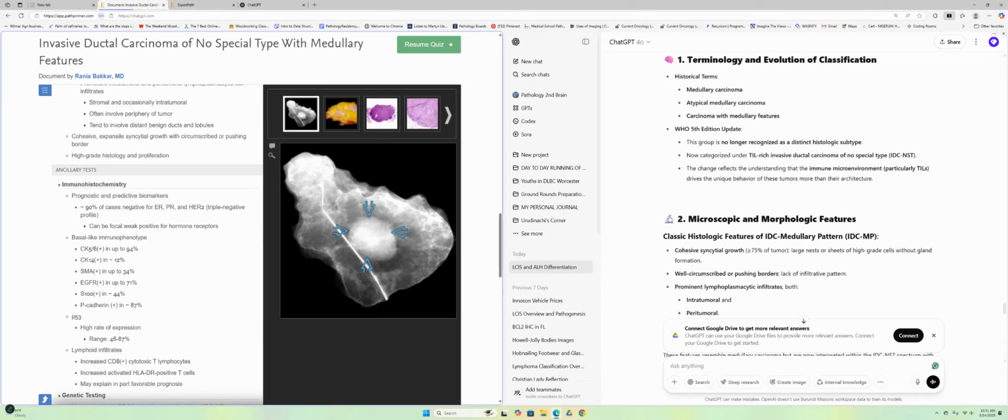Invasive ductal carcinoma of no special type with medullary features, IDC-NST with medullary features. After the WHO fifth edition update, this group is no longer recognized as a distinct histologic subtype, now categorized under what? TIL?